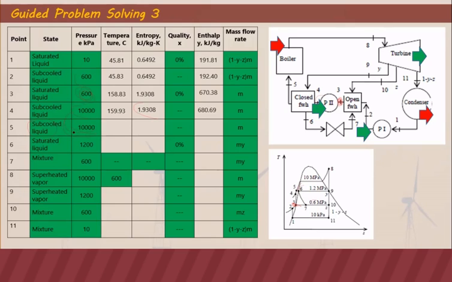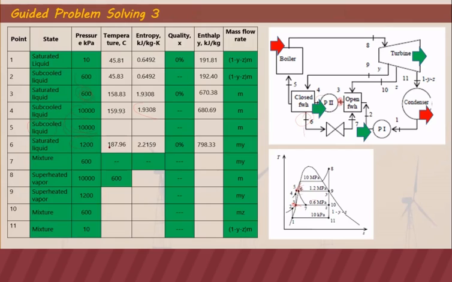So we will proceed with point 6. Since point 6 is the discharge of the closed feed water heater, it is a saturated liquid. As you can see here, it discharged from 9 to 6, a saturated liquid at 1.2 megapascal. So we can use this saturated liquid and pressure to get the other values.